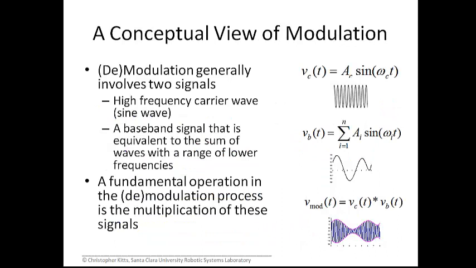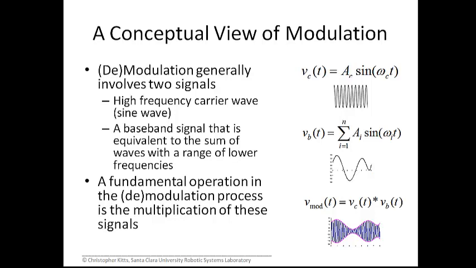So if we take a step back and think about how to model the process of modulation, a somewhat simplistic version of it is that it's really multiplying two signals. I want to walk through this simple version to point out a few features we see in the modulation process. Our two signals are the baseband signal and the carrier signal.